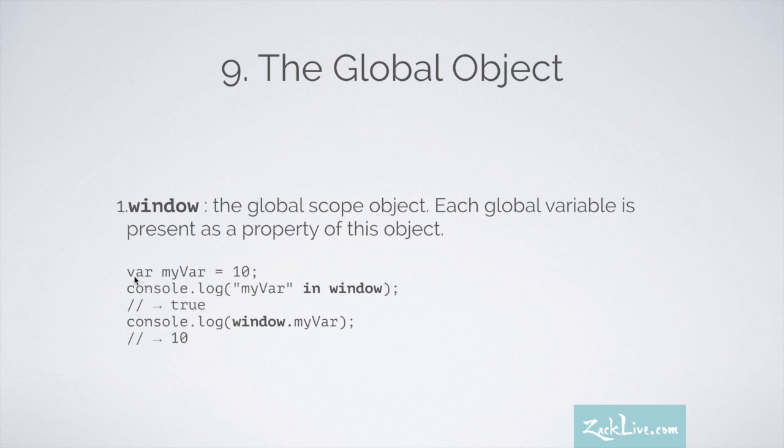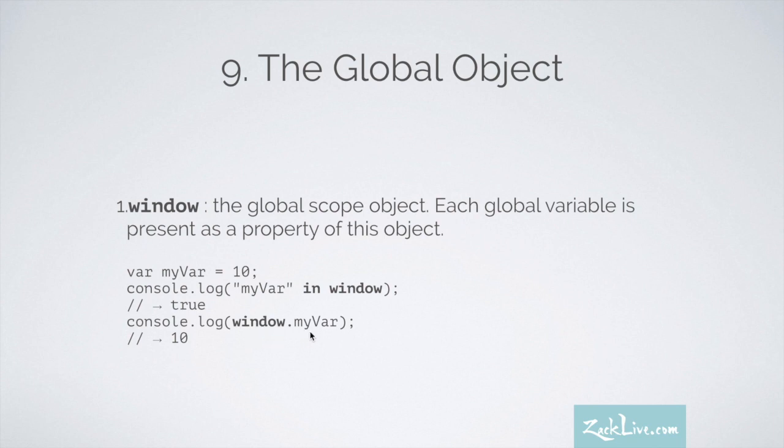So for example, we create a variable called myVar, and we use in to check if the variable is in the object window. It will return true because it's a top scope variable, which means it's within the top scope object window.